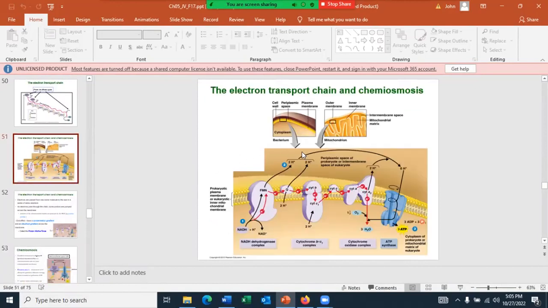All right, so I talked about the electron transport chain and how it happens in the mitochondria, inside the inner matrix, inside the inner mitochondrial membrane, and the electron transport chain happens across the inner mitochondrial membrane. Now in prokaryotes, this happens in the cell membrane.